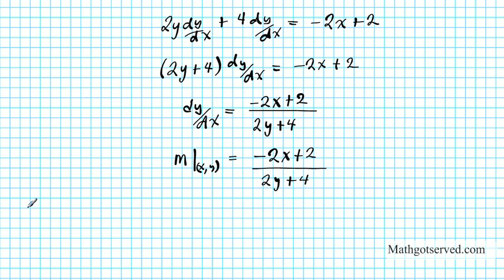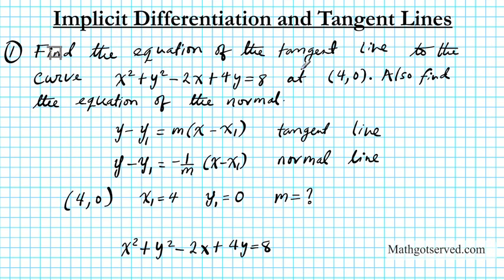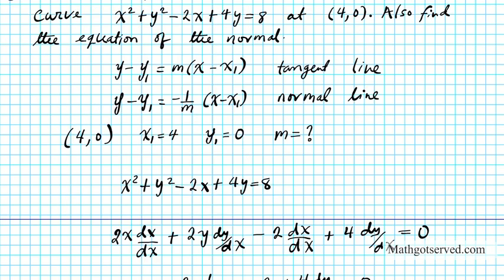We know from the problem that the point we were given was (4, 0). Those are the values at which we were asked to calculate the slope of the tangent line. So x is 4 and y is 0.